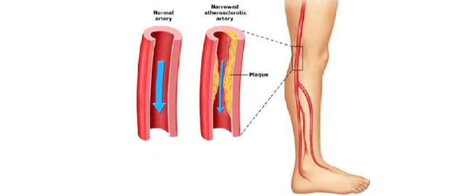Then the posterior tibial artery gives the medial malleolar network, and the peroneal artery gives the lateral malleolar network, while the posterior tibial artery gives medial calcaneal branches and the peroneal artery gives lateral calcaneal branches. The blood supply of the lower limb ends like that.